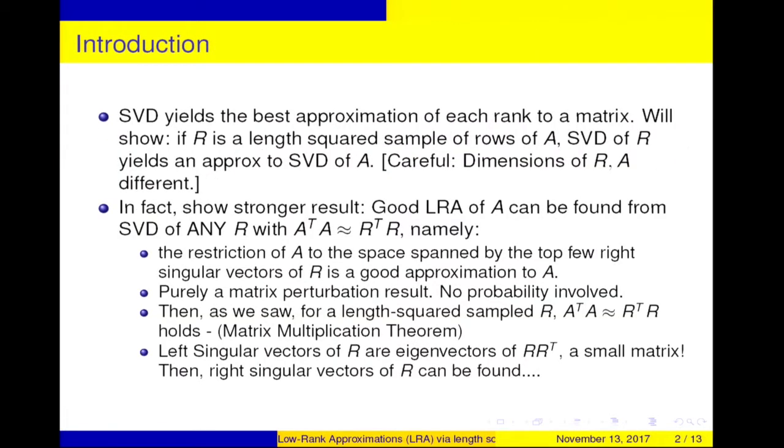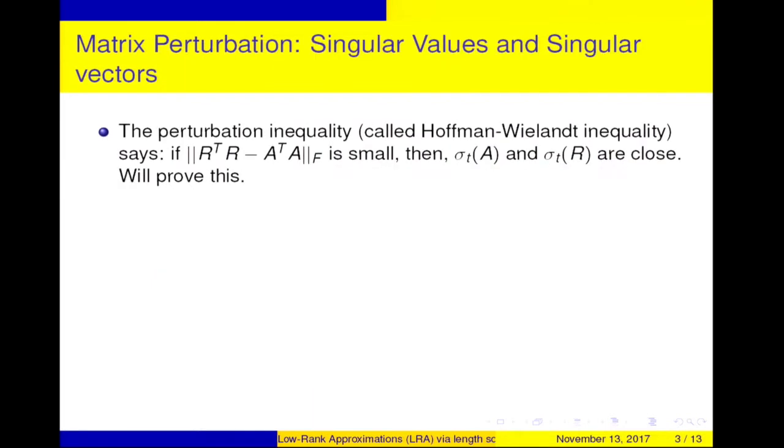So first I'm going to prove the matrix perturbation result. And I'll do a self-contained proof that'll involve some classical results which we'll go over. Here's another point that'll be nice to make, an important point from linear algebra. The perturbation inequality we'll use is called the Hoffman-Wielandt inequality.